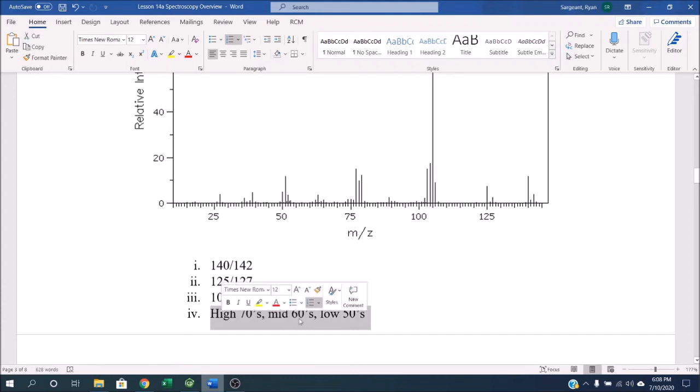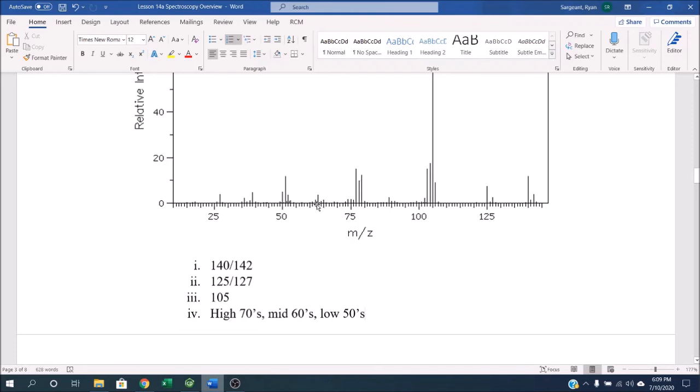This last grouping right here is not one that we're going to show mechanistically because it's not one of the two mechanistic pathways that I want you to know. Instead, it is a common pattern that you see when somewhere in the molecule there is a benzene ring. What you see are a cluster of peaks in the high 70s, some things going on in the mid 60s, and some more peaks in the low 50s. And it has this pattern where it's high, small, and then medium.